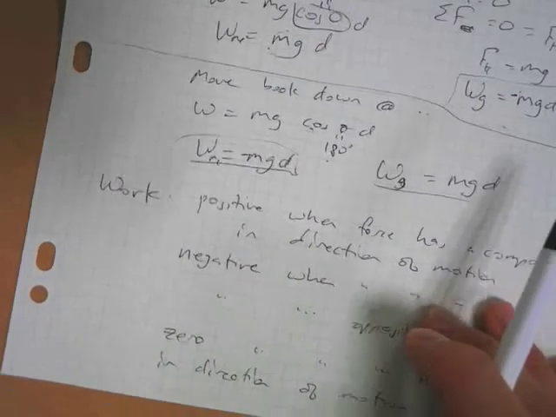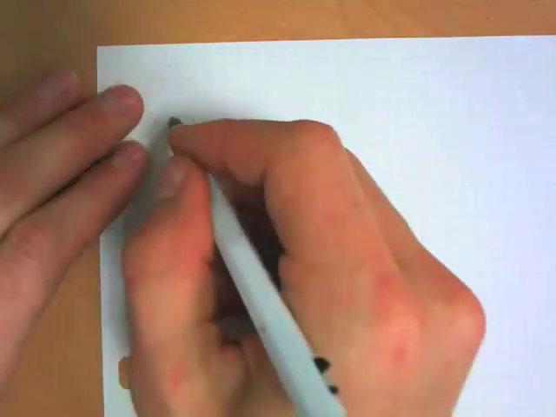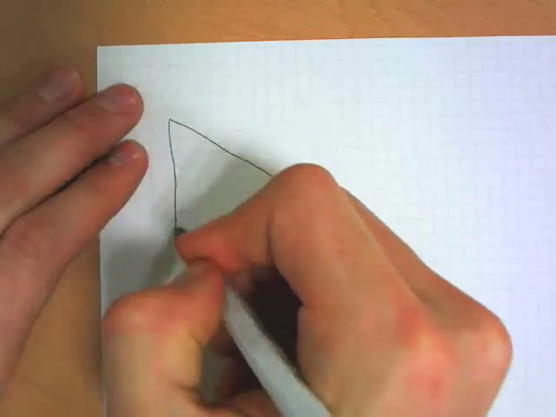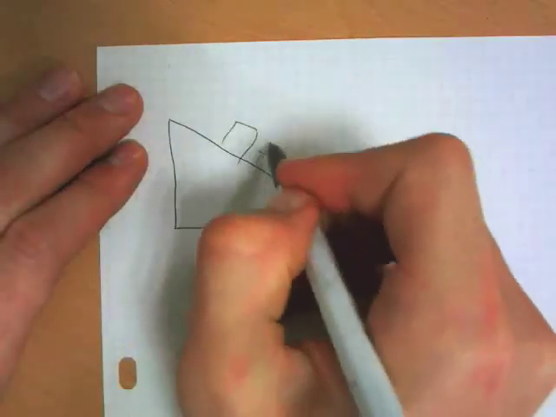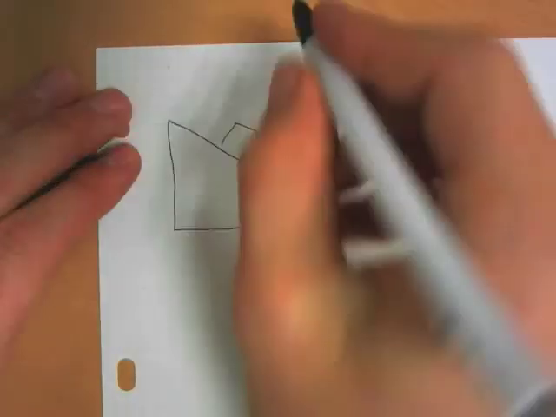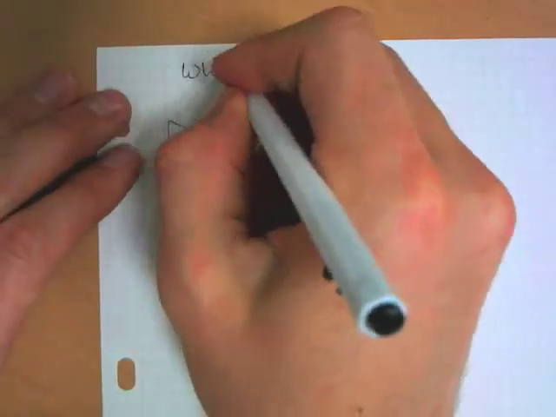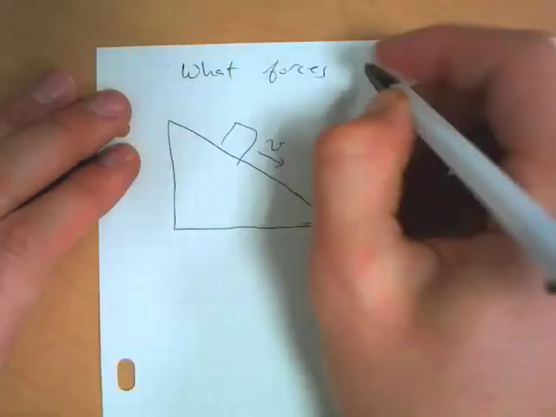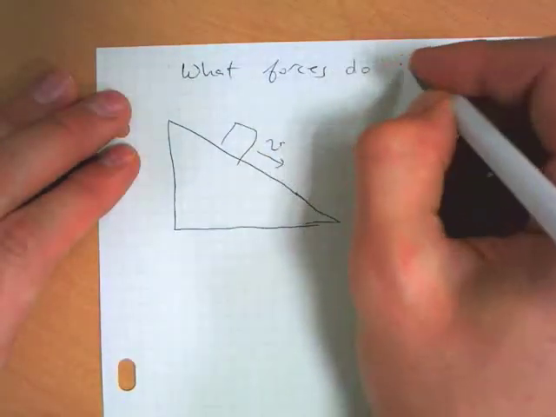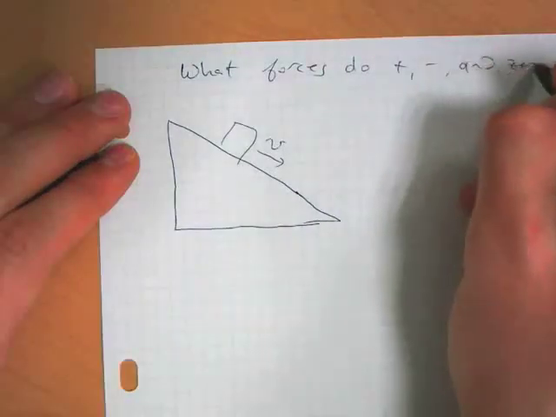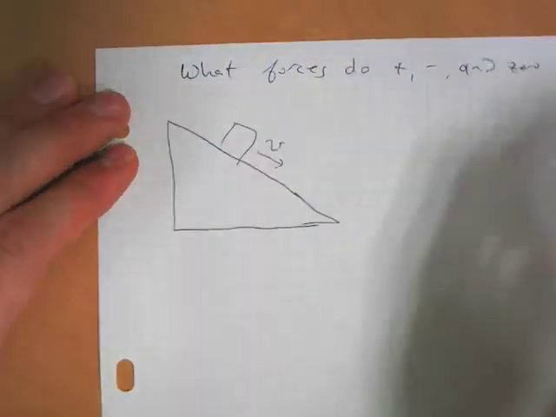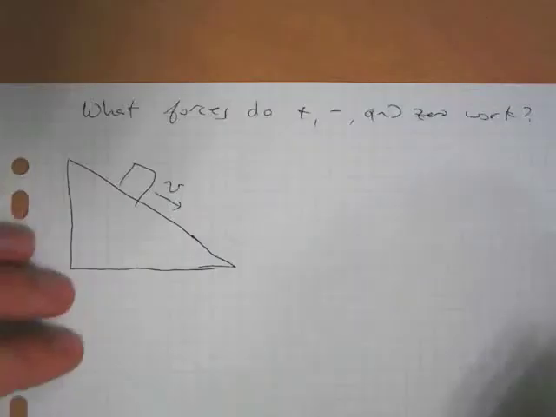Let's take our example of the inclined plane. Let's say we've got a block sliding down our inclined plane, and I want to know what forces do positive, negative, and 0 work. Well, we know what forces are acting on this block.